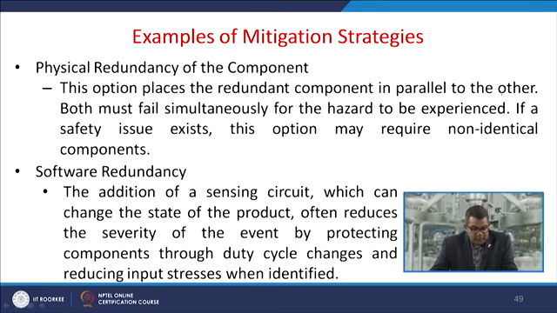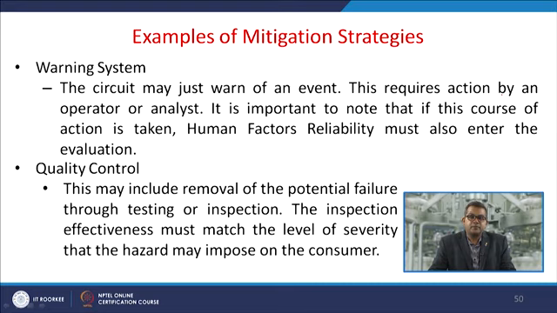Then software redundancy: the addition of a sensing circuit which can change the state of the product often reduces the severity of the event by protecting the component through duty cycle changes and reducing input stresses when identified. There are also warning systems.